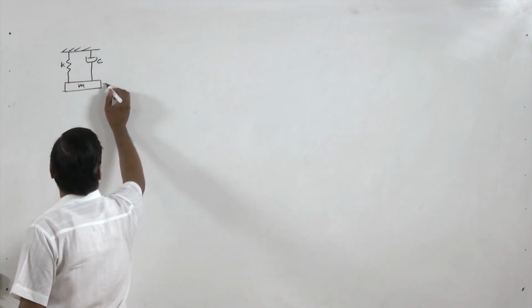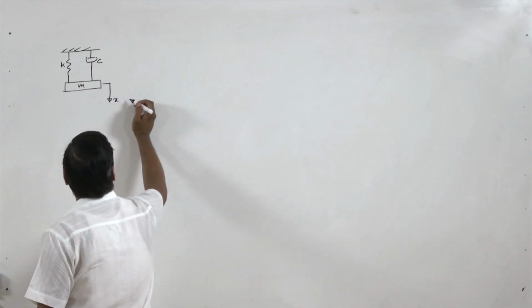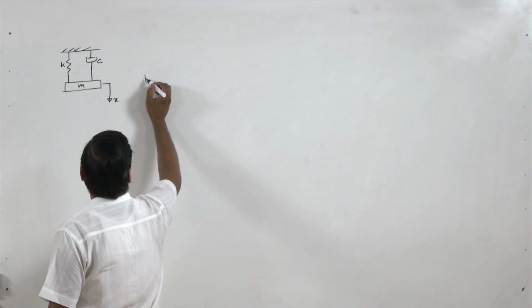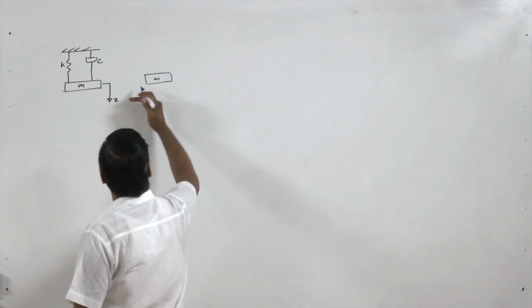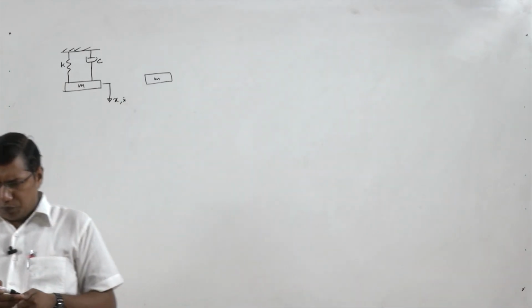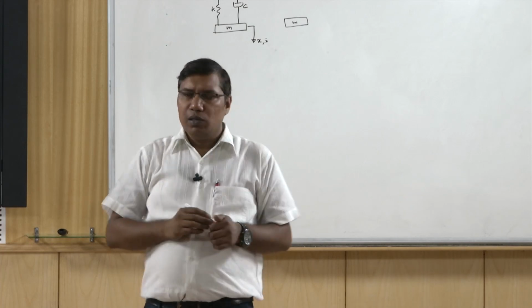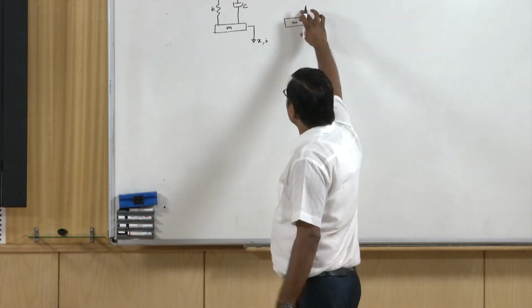We disturb this system, so we put here x. Now, we make a free body diagram. This is the mass m, and because we have pulled this system by x and it has the velocity x dot, we can show the forces.